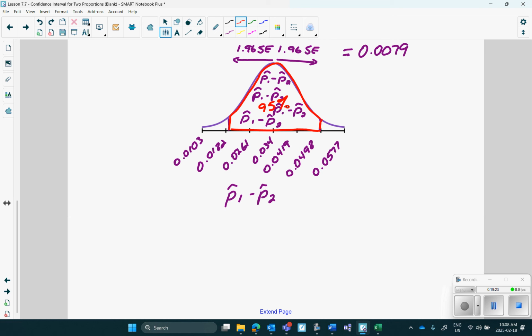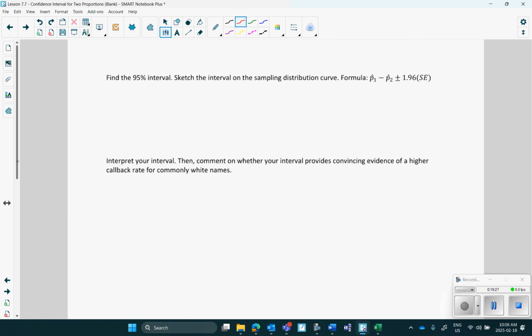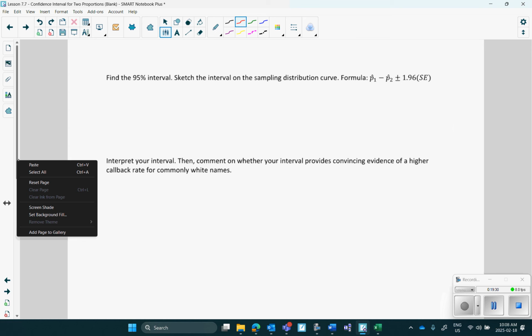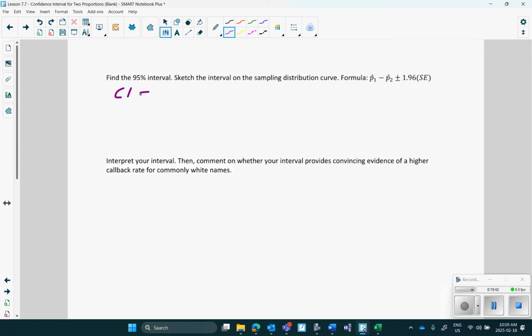Well, let's get these numbers exactly. And remember, to find the confidence interval, it's the statistic or the point estimate, plus or minus the Z score times the standard error of the difference between the two.